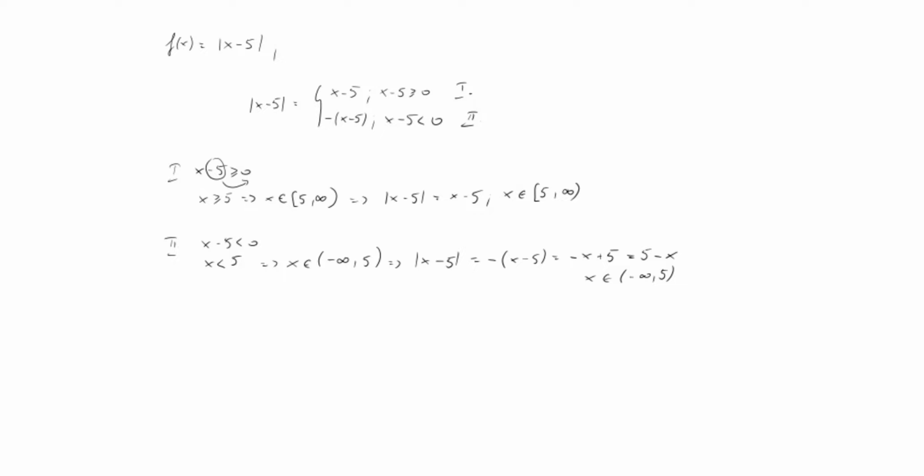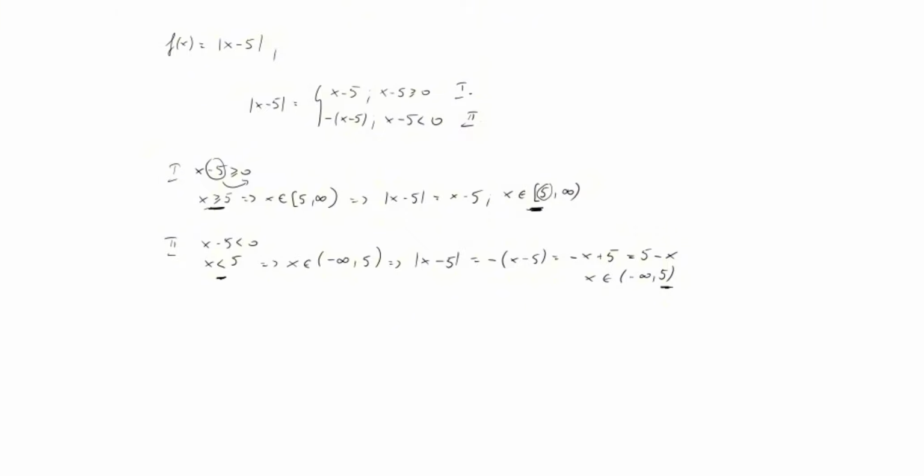Okay, notice here in case 1 that we have a square bracket because of this condition. So x is greater or equal than 5, so 5 is also in the interval. Here in the second case, x is smaller than 5, so we have only a round bracket.